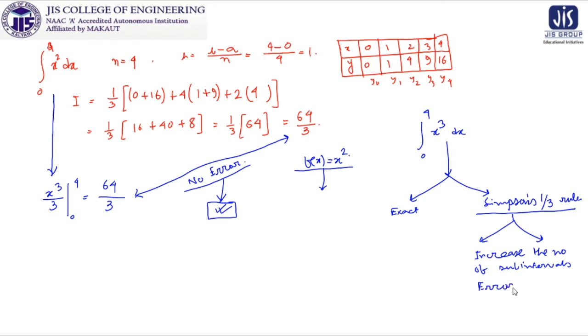It is one question or one problem you have to think about. And also just for a comparative study, you can do it also for the function x dx, suppose 0 to 4, and check whether the result has an error or no error.